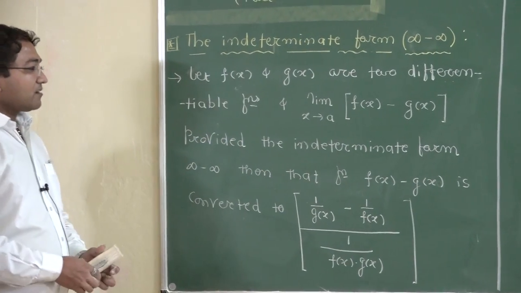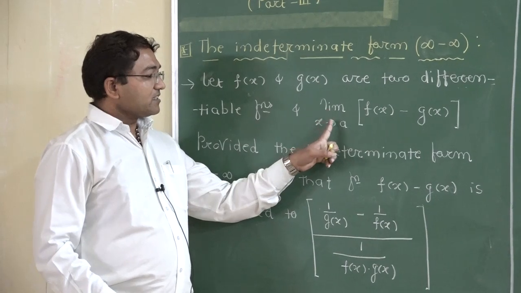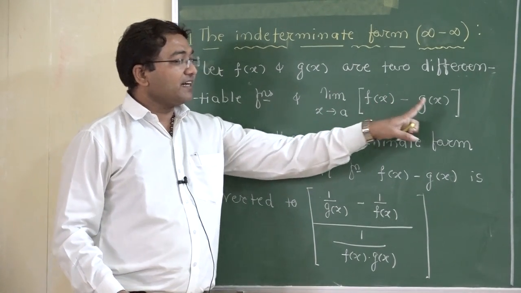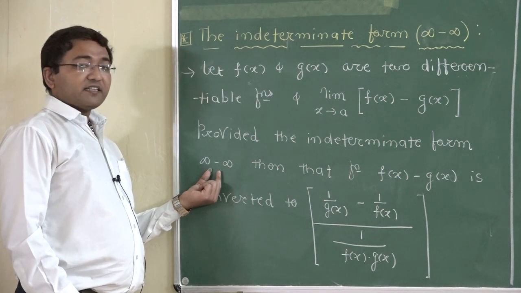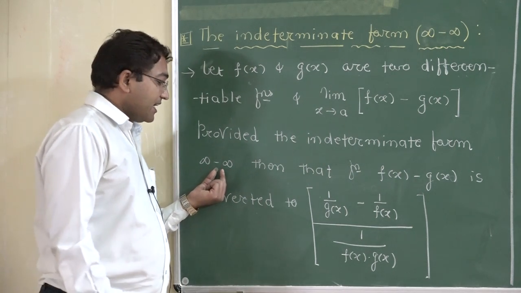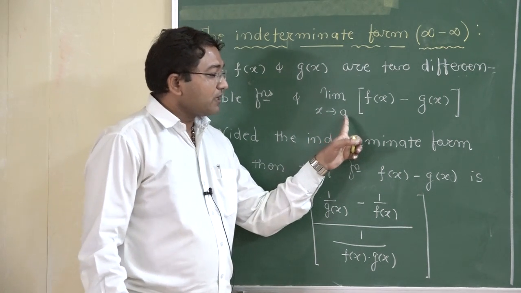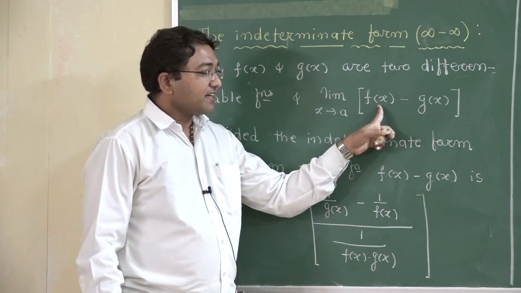Here observe that the limit x tends to a, f of x minus g of x, provided the indeterminate form infinite minus infinite. It means that at the point x equal to a, f of x becomes infinite.